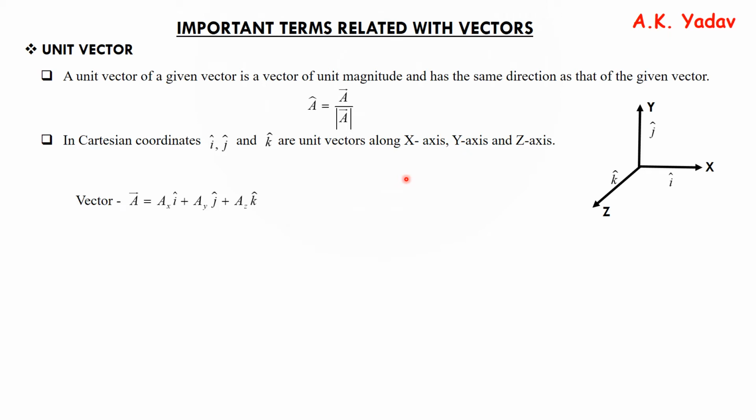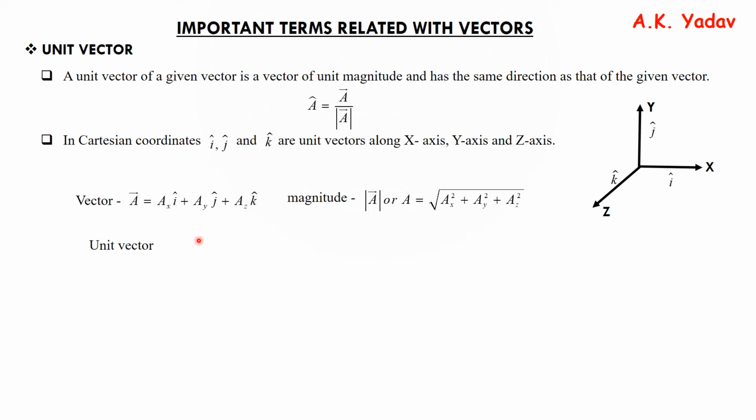So vector A can be written as Ax i plus Ay j plus Az k, where Ax is the magnitude component of the vector A along x-axis. Now if I want to find out the magnitude of this vector, it is equal to under root of i component square, that is Ax square, plus j component square, that is Ay square, plus k component square, that is Az square.